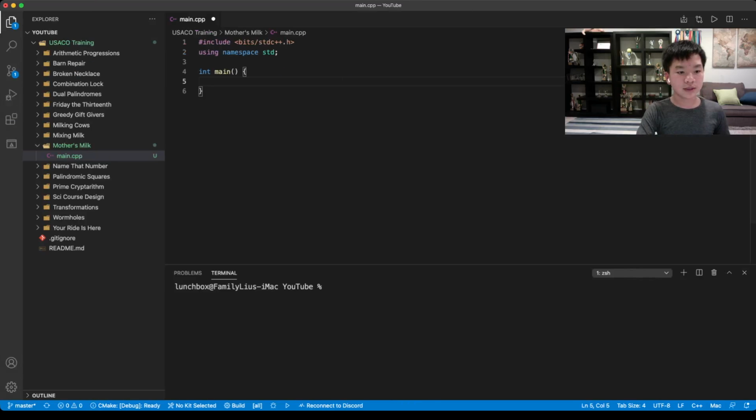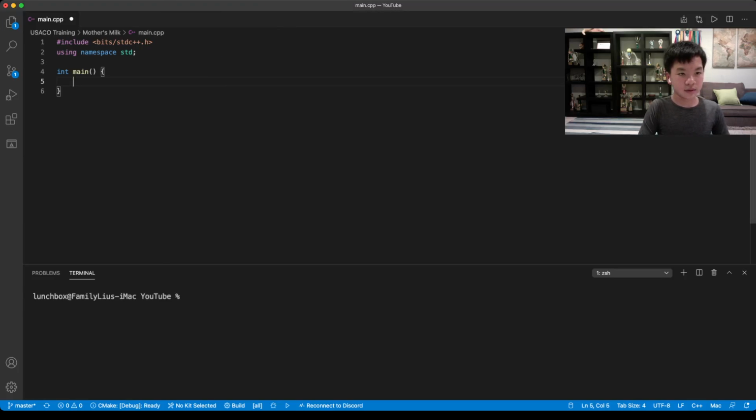We're reading from milk3.in and writing to milk3.out. We're given A, B, and C, so we need to read A and B and C.